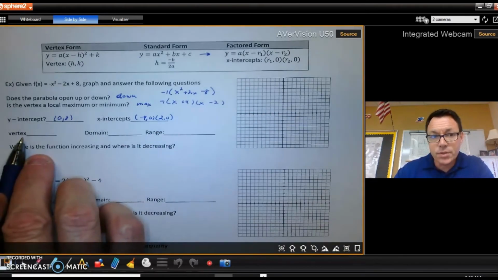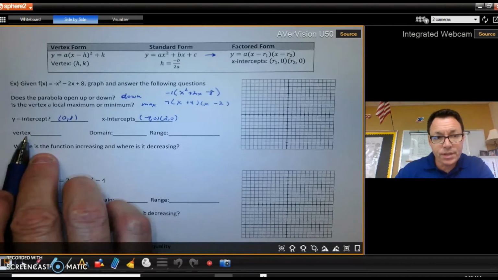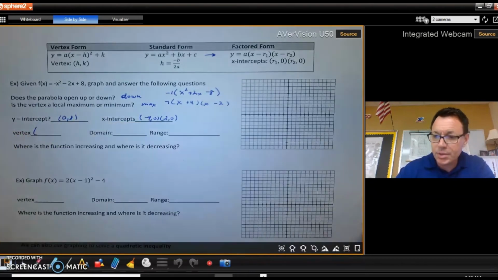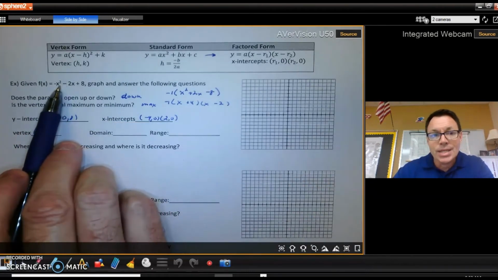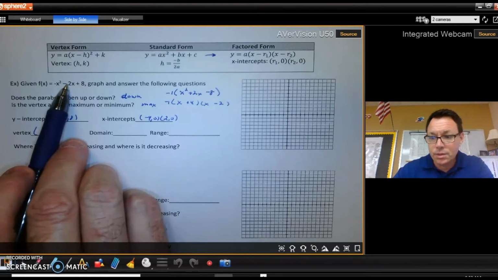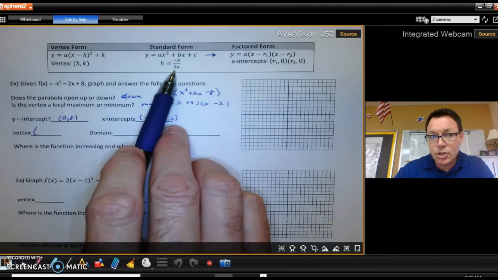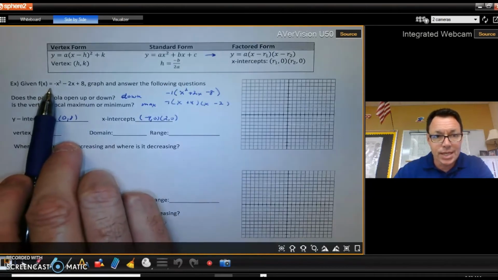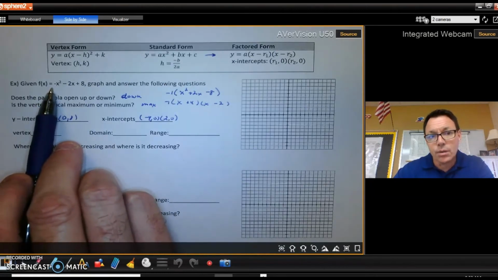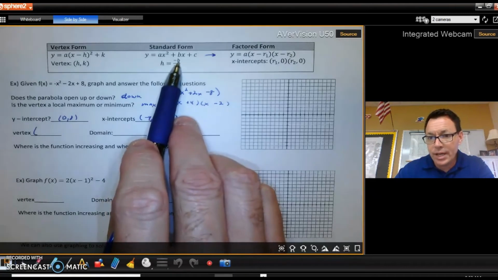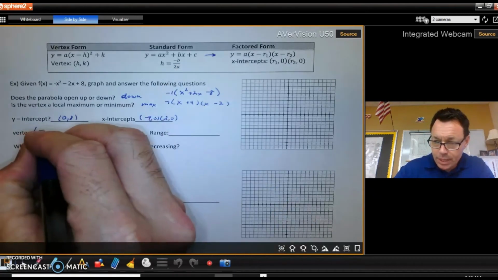Let's see, what's the vertex? Well, again, there's two ways to find the vertex. The x-coordinate of the vertex is either -b, so -2, or 2, divided by 2 times a, which is -1. So it's going to be 2 divided by -2, or -1.